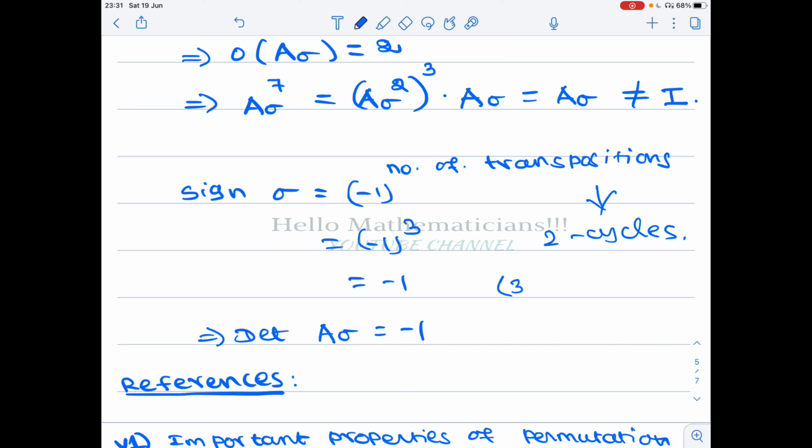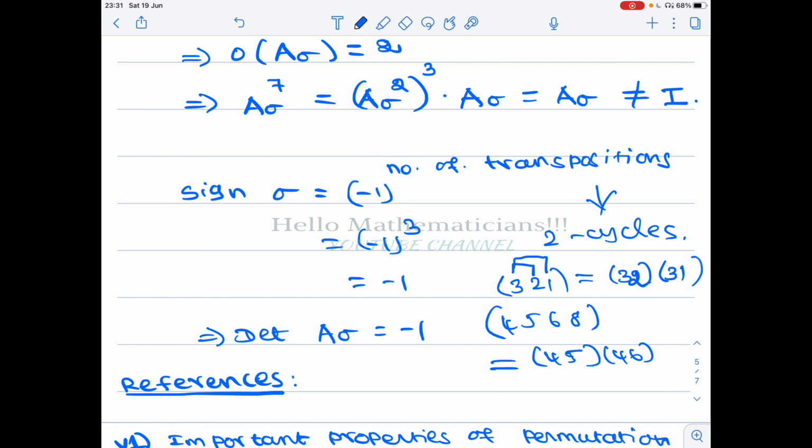Suppose you get a longer cycle like this, you should split it into two-cycles like this: first 3 2, 3 1, and similarly 4 5, 4 6, 4 8. Every permutation can be written as a product of cycles, and each cycle can be further split into transpositions. That way we can write every permutation as a product of transpositions.